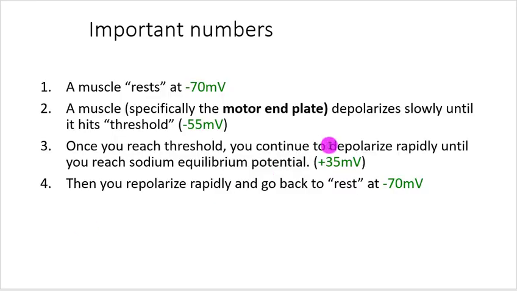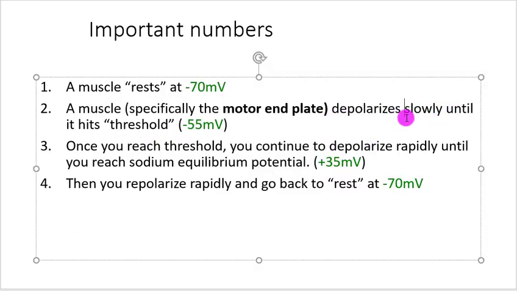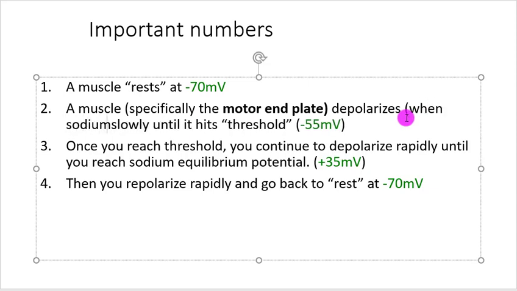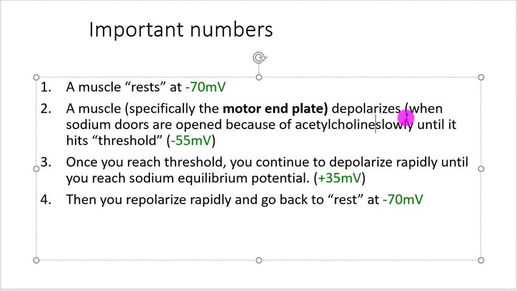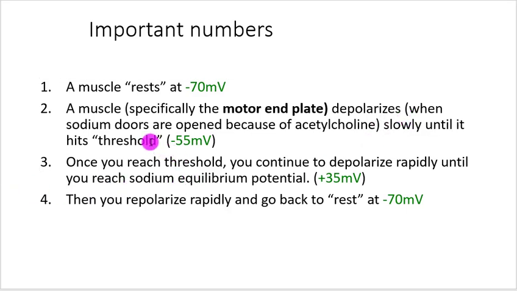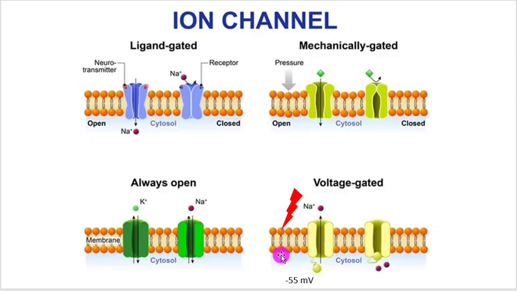The motor end plate depolarizes slowly until it hits threshold. And it depolarizes when sodium doors are opened because of acetylcholine. And where did the acetylcholine come from? It came from the nerve. And once you reach threshold, now, what is threshold? Threshold is negative 55. Remember how I told you that the magic number here is negative 55?